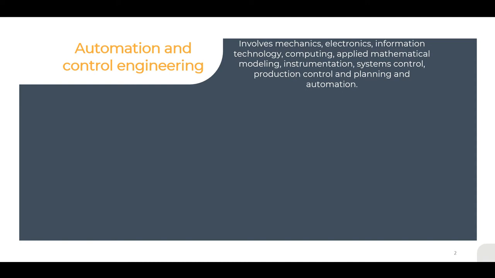For instance, let's say you want to have an automated system that can move from one position to another. Definitely you will need some mechanics. You will need to join some items, and they need to move in such a way that they don't disturb or destroy each other, or disturb the movement of one item or one object or one device in that system.